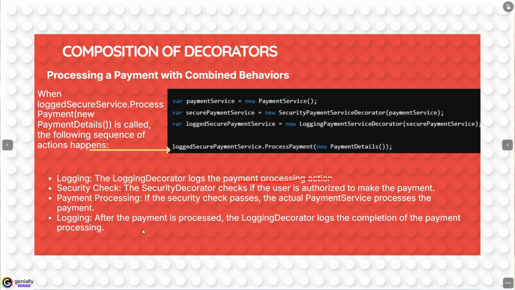Next, security check: the security decorator checks if the user is authorized to make the payment. And payment processing: if the security check passes, the actual payment service processes the payment. And next, logging: after the payment is processed, the logging decorator logs the completion of the payment processing.